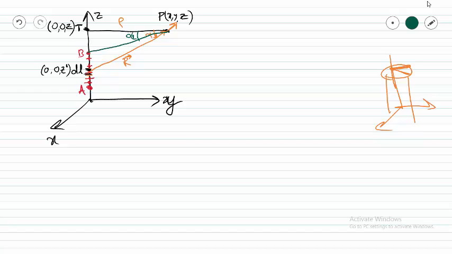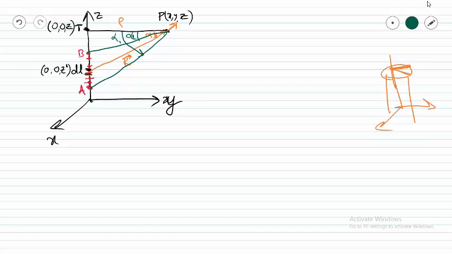Similarly, let us draw one more line from point P to point A and call this angle alpha 1. So the angle made by the line PB with PT is alpha 2, and the angle made by the line PA with line PT is alpha 1.